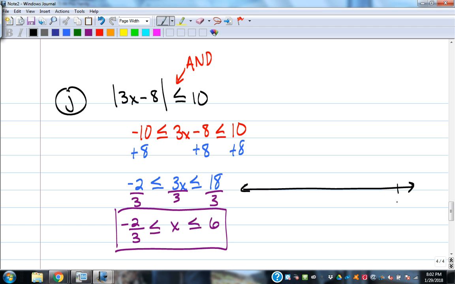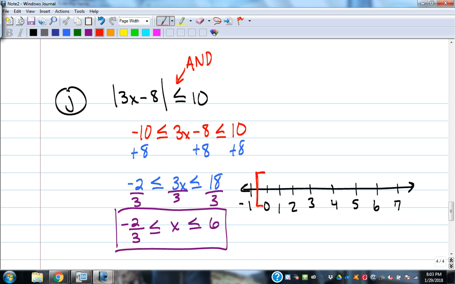That'd make it pretty easy. 7, 6, 5, 4, 3, 2, 1, 0, negative 1. Okay. Negative 2/3 is not quite to negative 1. It's between 0 and negative 1. 2/3 of the way. Right there.